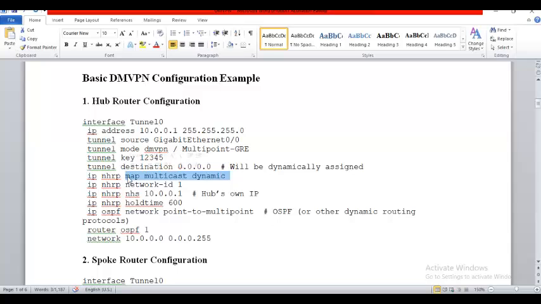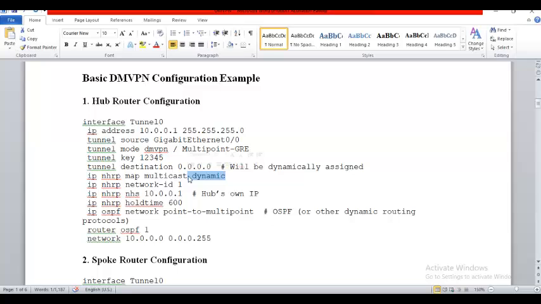So when a hello packet comes from OSPF, they are using OSPF here, this will dynamically learn the spokes and all the spokes' multicast communications. Whereas on the spokes, you won't say dynamic. On the spokes, you will say the multicast traffic should go to the hub. I think you understand what I'm trying to say. The hub has to learn every spoke dynamically. So the word dynamically you should put.